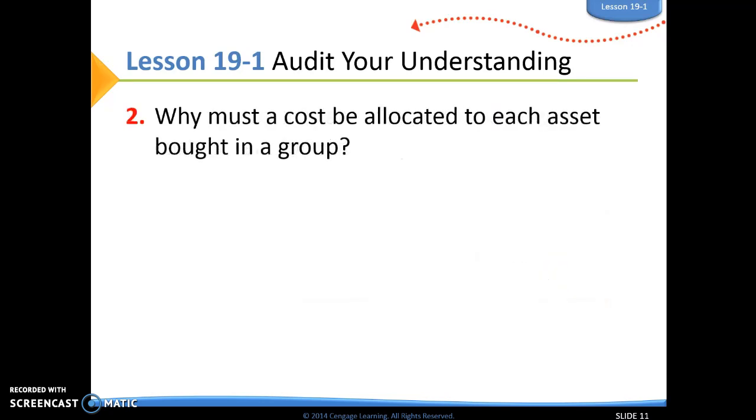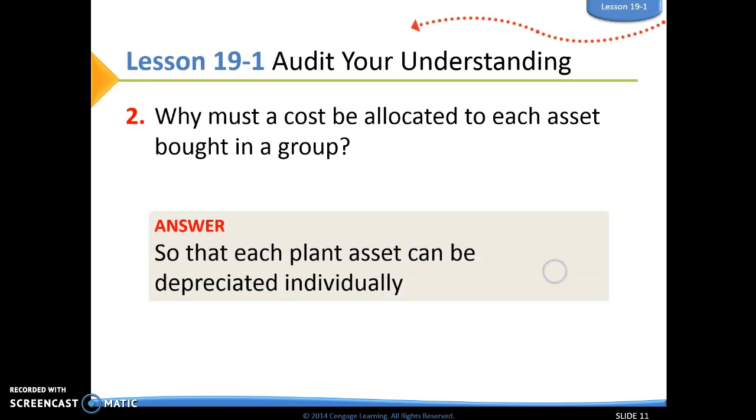Number two, why must a cost be allocated to each asset bought in a group? This is so that we have a price for each plant asset so that when we're depreciating it, we can figure out how much each plant asset depreciates individually.